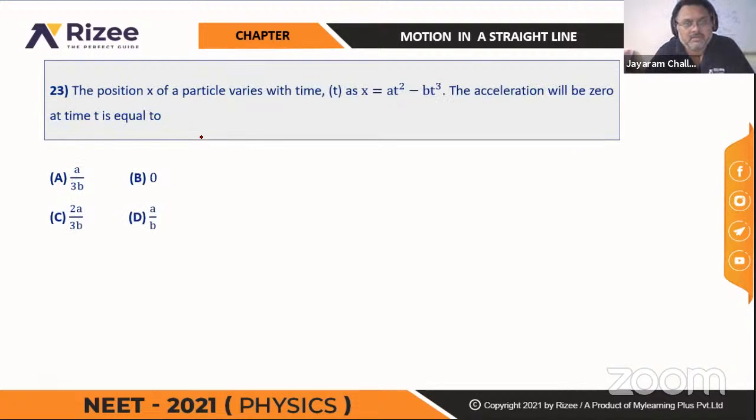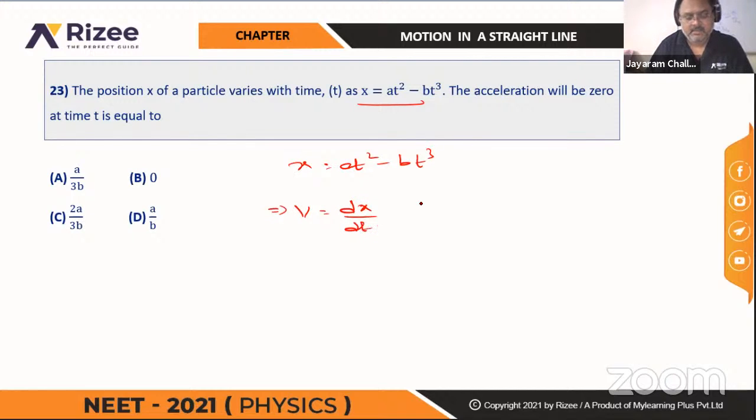The position of the particle x varies with the time as x is equal to at square minus bt cube. Acceleration of the particle will be zero after what time interval? So we need to get the acceleration. We're going to first get velocity v is equal to dx by dt. That will turn out as 2at minus 3bt square.